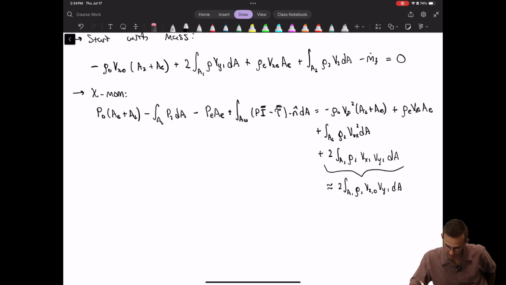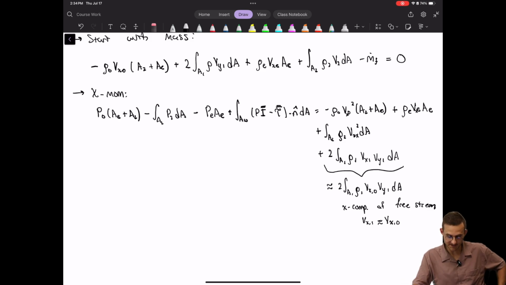We're basically assuming that the x component of the free stream is approximately equal to the x component along the surface 1. So basically Vx1 is approximately equal to Vx naught.